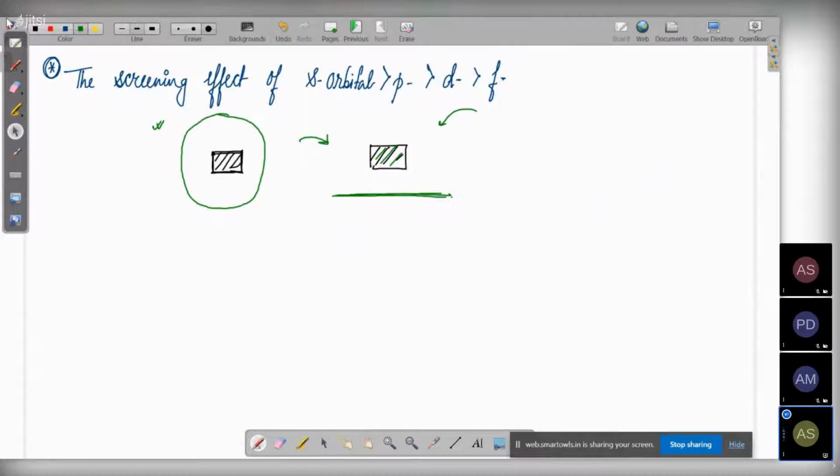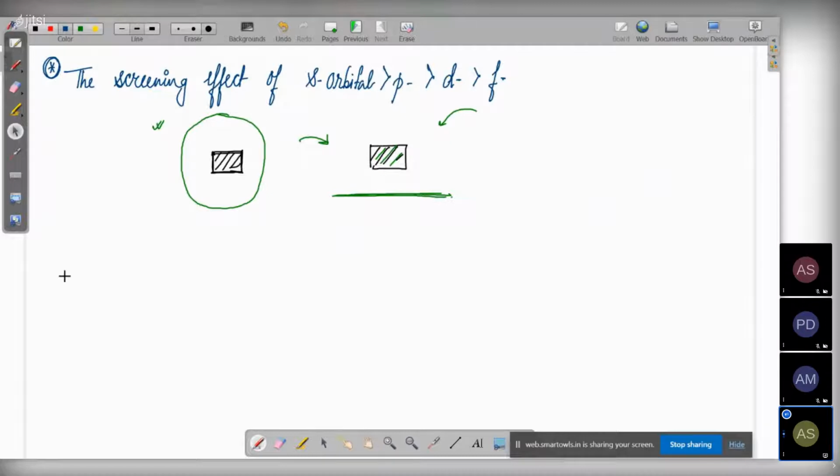But as we move from P to D and finally to F, we see that the shape of the orbitals is becoming more and more diffused. That means the shape of the orbital is becoming opened up, so it cannot screen the electron so effectively. So this is the reason why S orbital has the best screening and F orbital has the poorest screening effect.